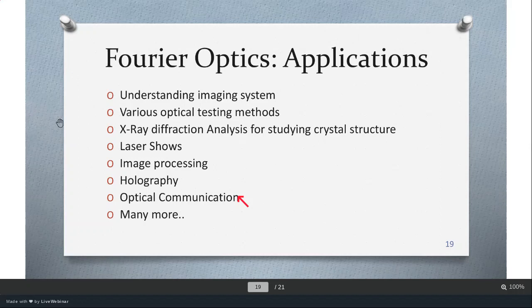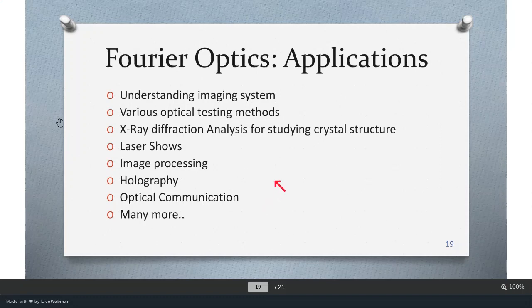So all the modulation and demodulation which have been happening there, somewhere we have been using the Fourier optics for Fourier transforms. They have been used there for the conversion from one domain to another domain and for clearing out the noise from the signal. So there are actually many more applications of the Fourier optics.